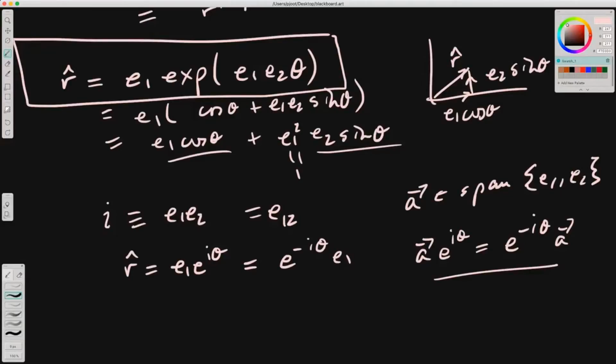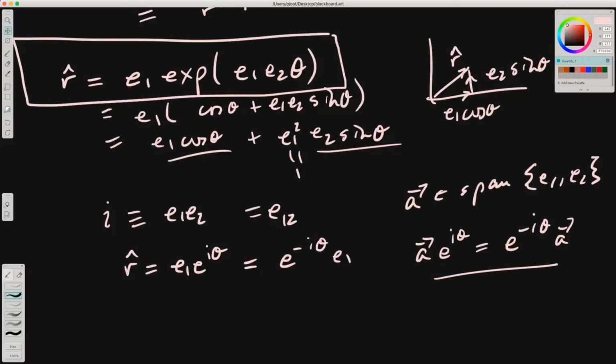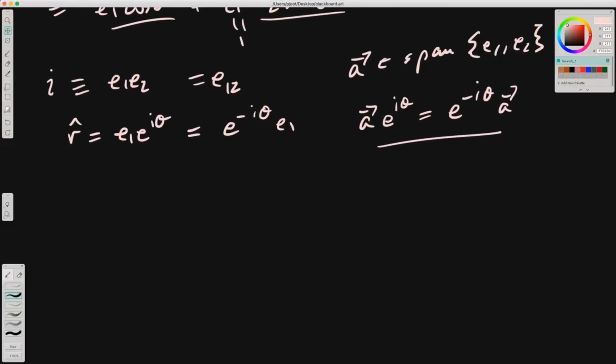The order has to be kept track of. We don't have the commuting property. So having defined r hat, now we can easily take the derivative, r hat prime.